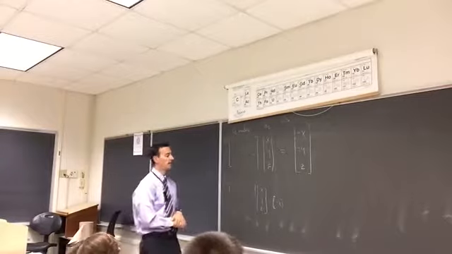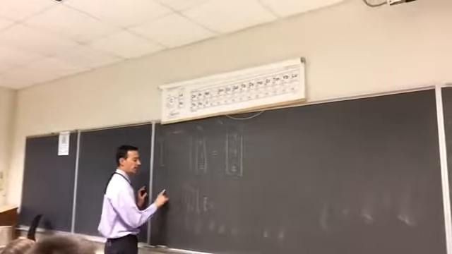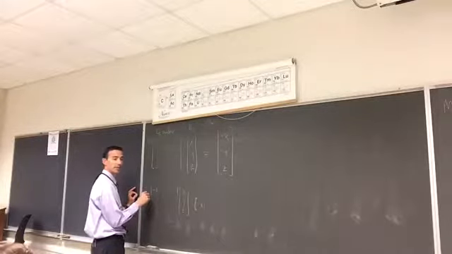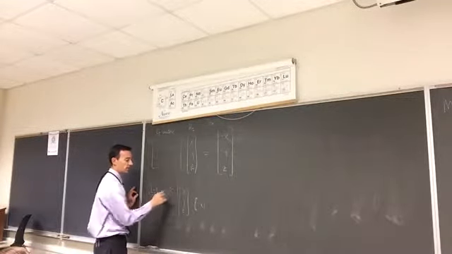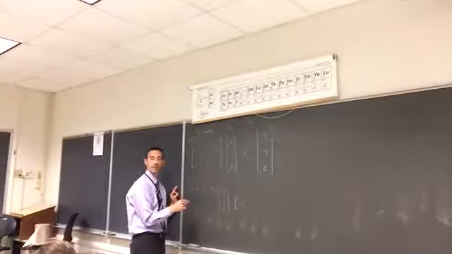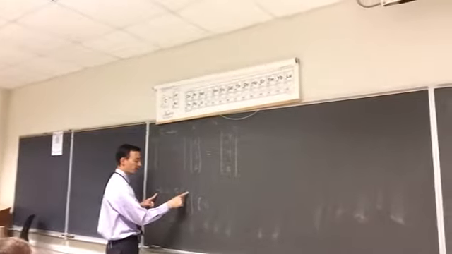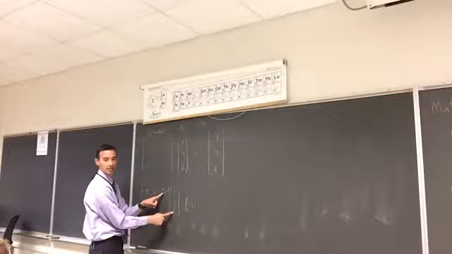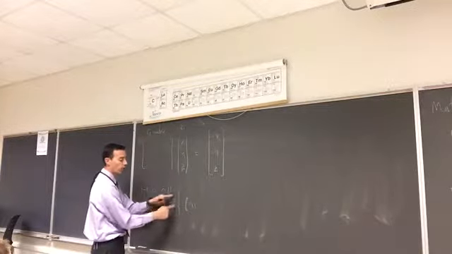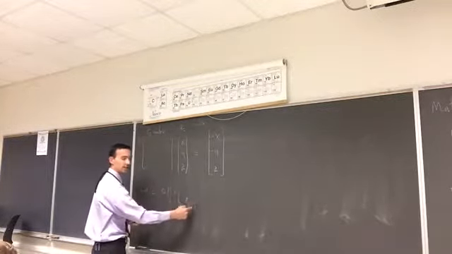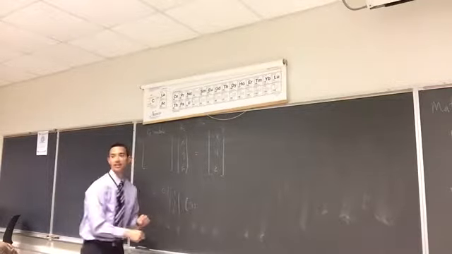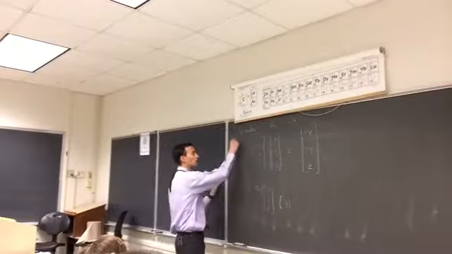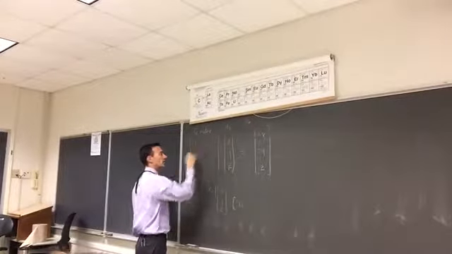The only way to get this to give us negative x is if the first number is negative 1 and the other 2 numbers are 0: negative 1 times x plus y times 0 plus z times 0. It's the only way to get the y and the z to not contribute to the x value up there. And so our first row is negative 1, 0, 0.